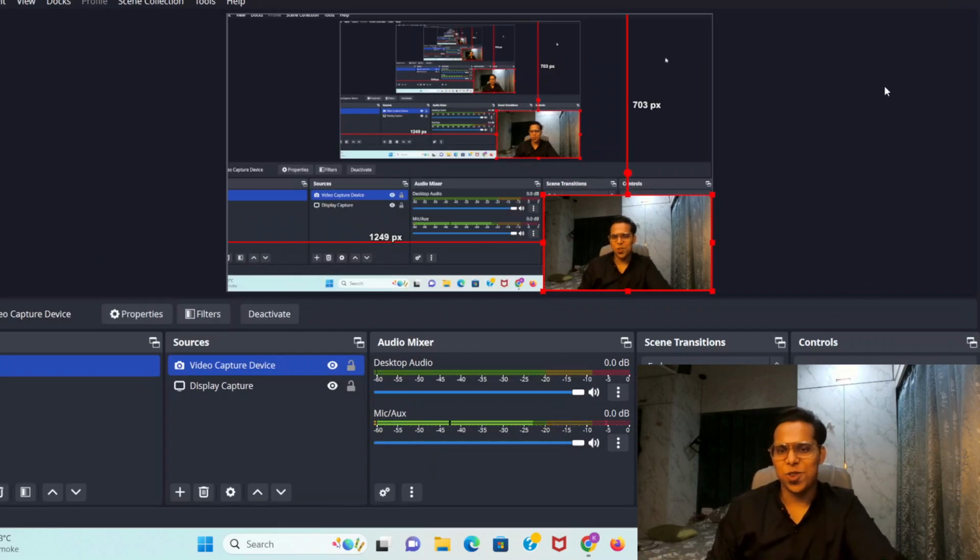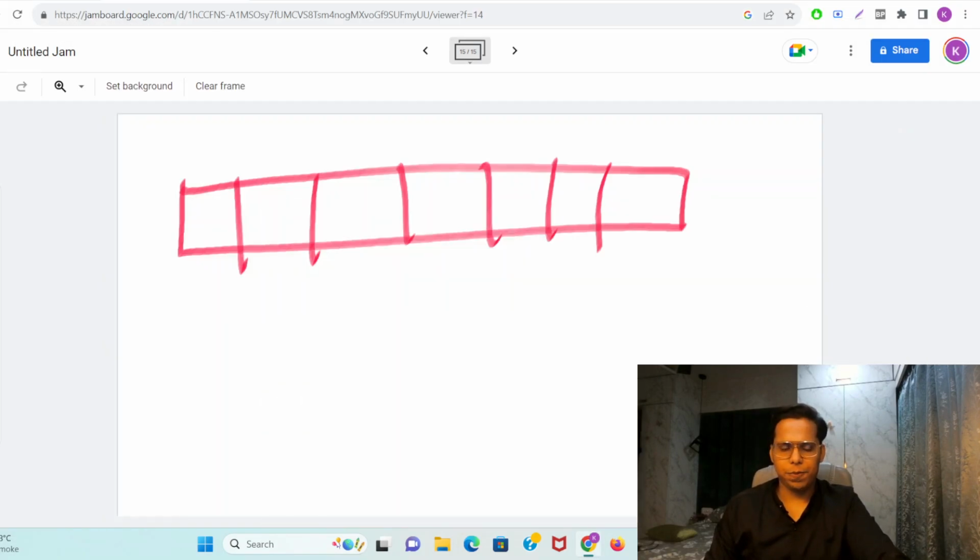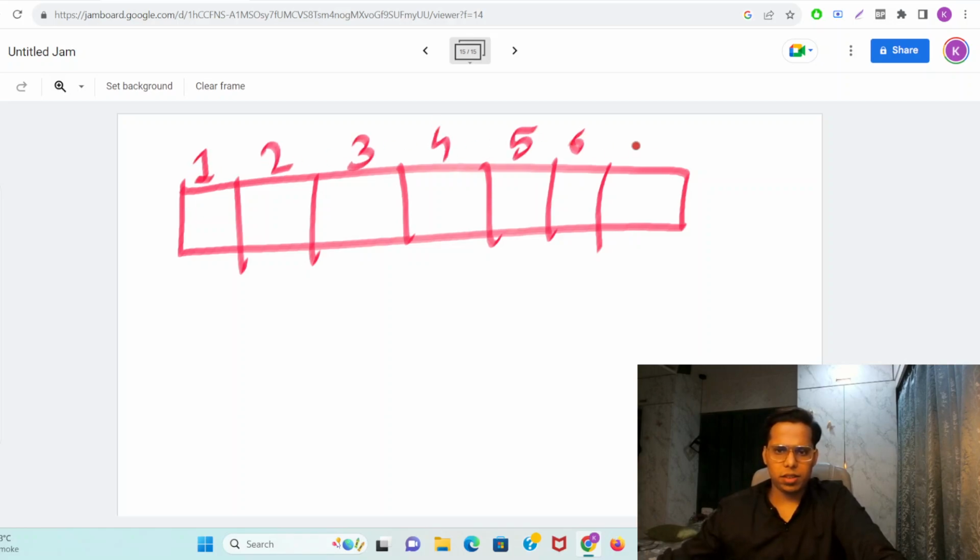So now if I try to get into it, this is my array, right? Let's say I'm using one based indexing. I will be uploading all kinds of code very soon.